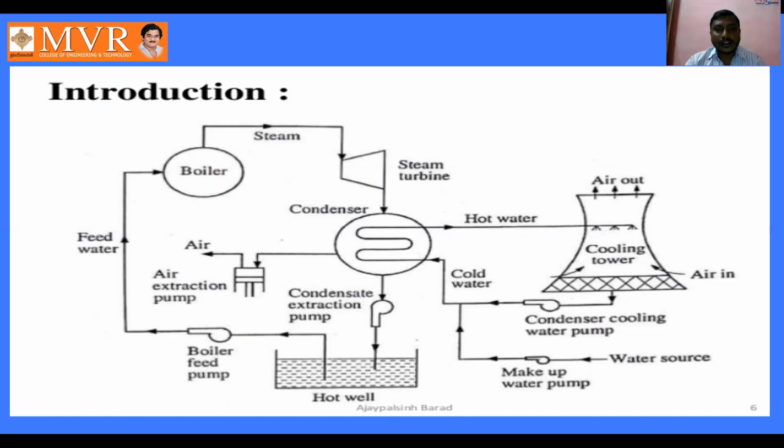In the condenser the phase is changed, and the saturated steam from the turbine is converted into liquid form, cooled by the cold water coming out from the cooling tower.